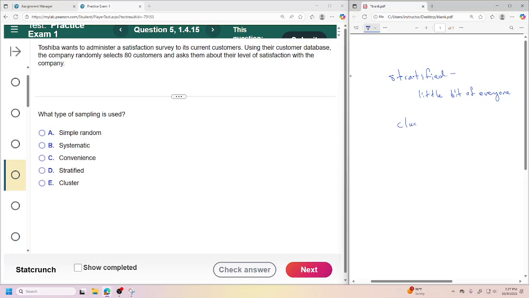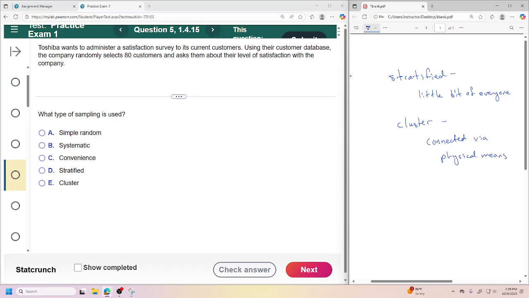The cluster is what I say is that they're connected via physical means. And I'm going to explain that here in a second. So same last name, starts with A, or that you live in a certain zip code or something like that.